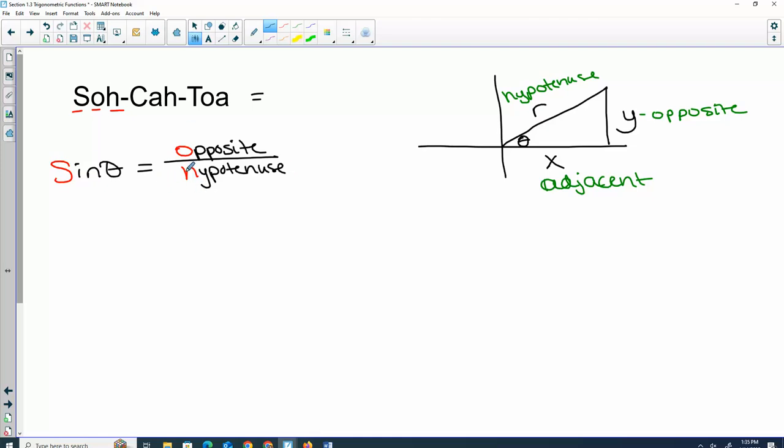So opposite over hypotenuse. Which, if we look at our picture, the opposite side is y, the hypotenuse is r. So it's the same ratio I gave you before, y over r. Just use that to help you remember it. And then sine is the reciprocal of cosecant, so we just flip it for cosecant.